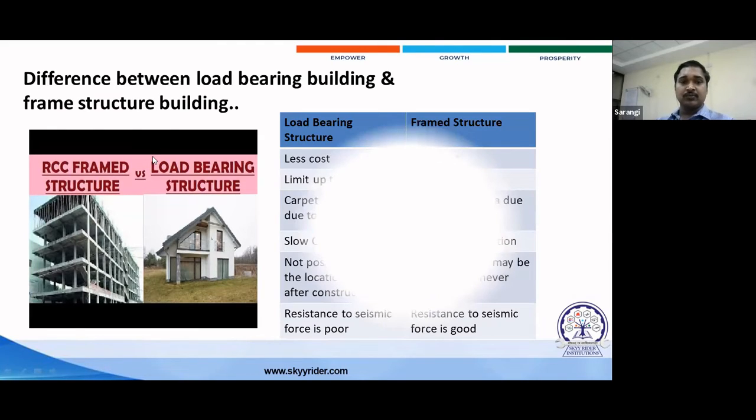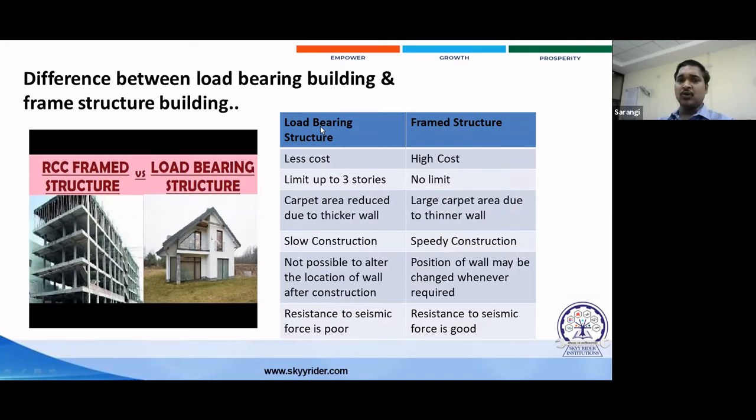That is the difference. Load bearing structures are less in cost, because a negligible number of columns or beams are constructed in them. Whereas in the frame structure, a large number of beams and columns are constructed, which is high cost.